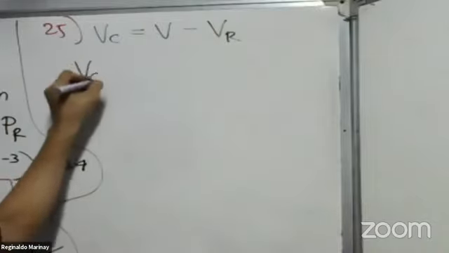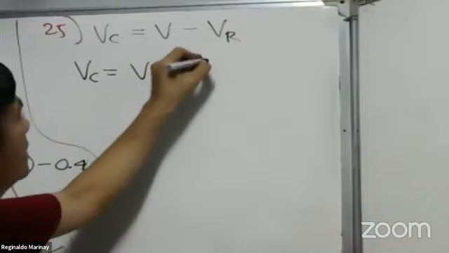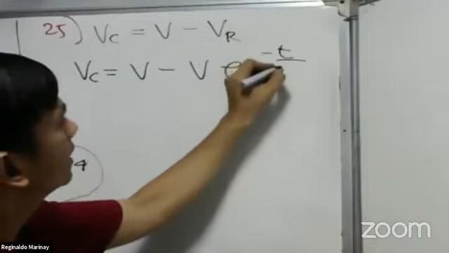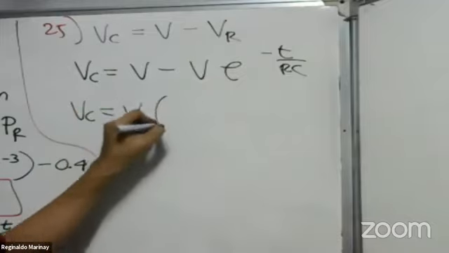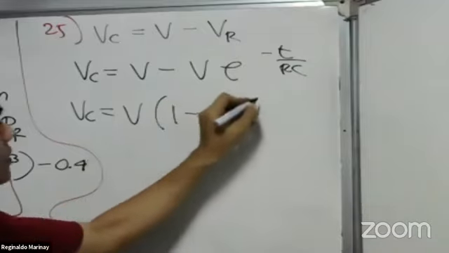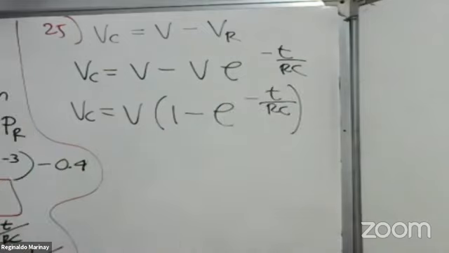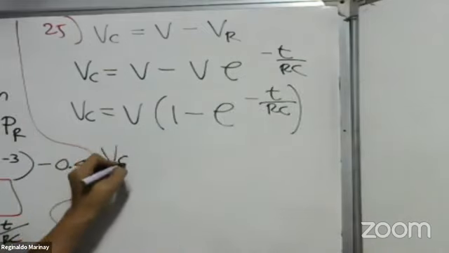So V sub C is equal to E minus E e raised to negative t over RC. Let us factor out. V sub C is equal to simply E times 1 minus e raised to negative t over RC. So, we just have to substitute the values.